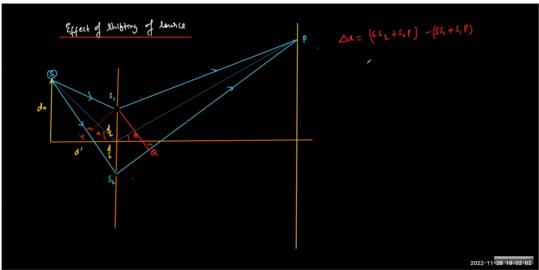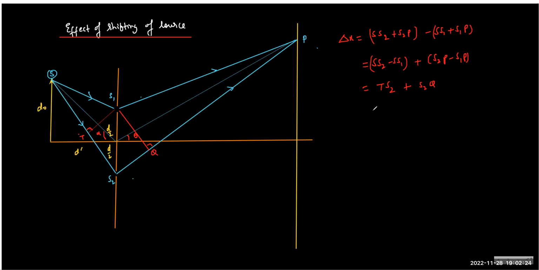Now earlier SS2 and SS1 used to get cancelled, but now it will not be cancelled. So this term will have some value. Now the question is how to get SS2. So SS2 is basically TS2 plus S2Q, isn't it?